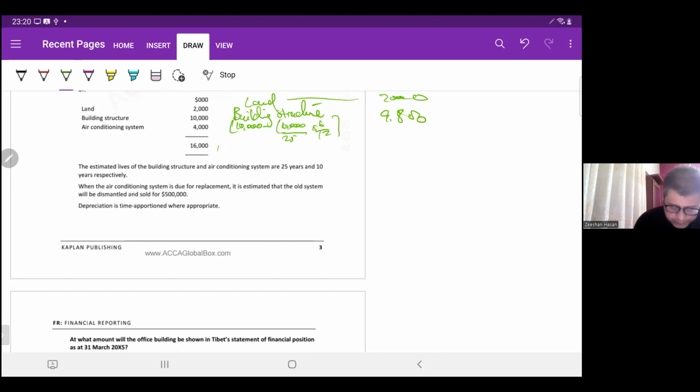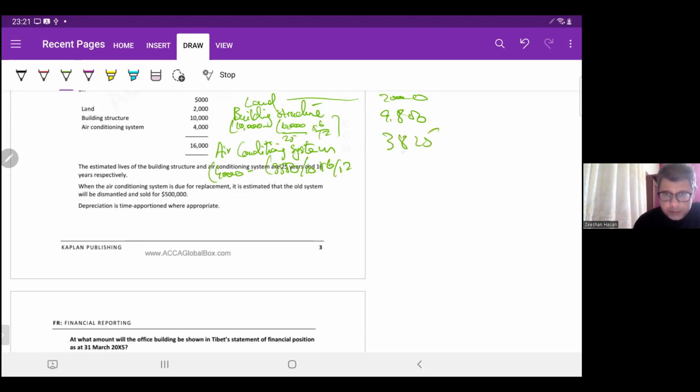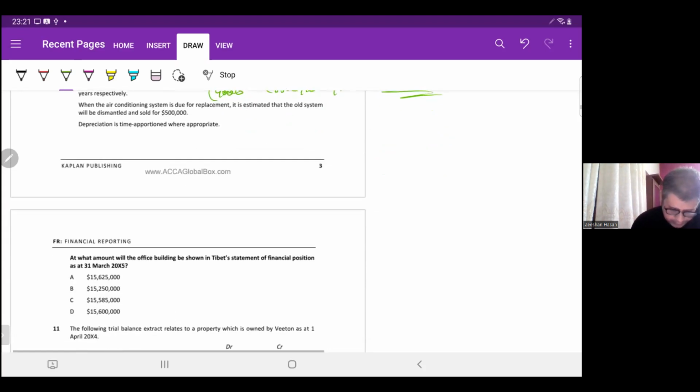Air conditioning system 4,000 minus 3,500 divided by 10 into 6 divided by 12 is 3,825. Total 15,625. Let's see. Yes, A is the answer.